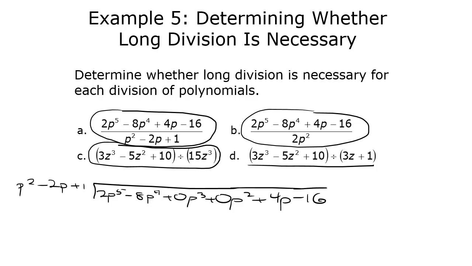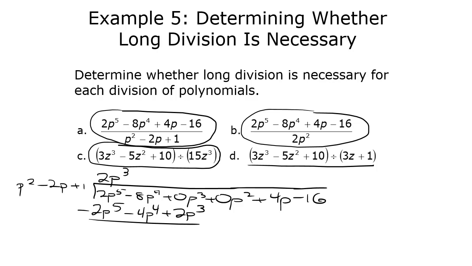Okay, so now let's see what happens. All right, p squared into 2p to the 5th. Well, we need a 2 and p cubed, right? Because p cubed times p squared gives us p to the 5th. And then just repeat it. 2p cubed times this one gives me negative 4p to the 4th, right? And then plus 2p cubed, because 2p cubed times 1.